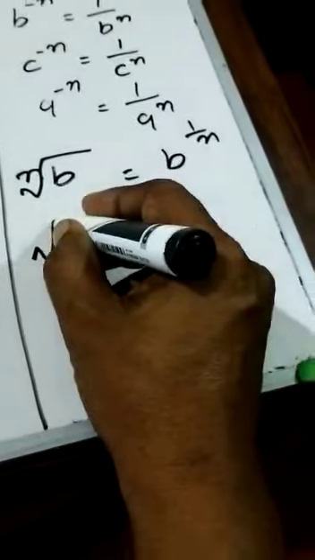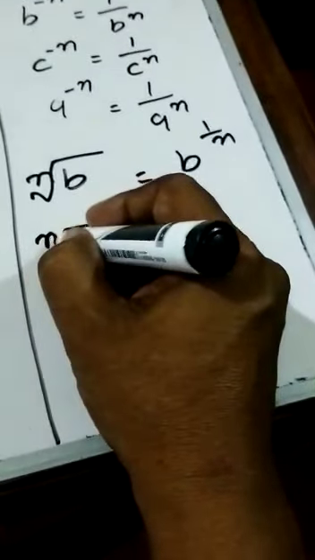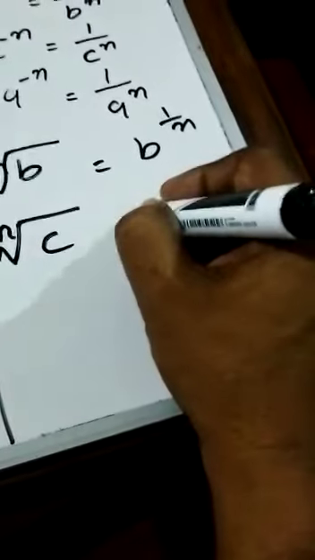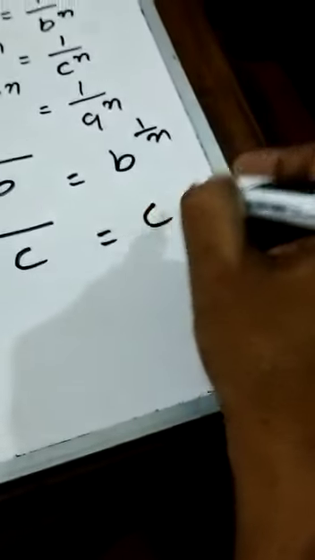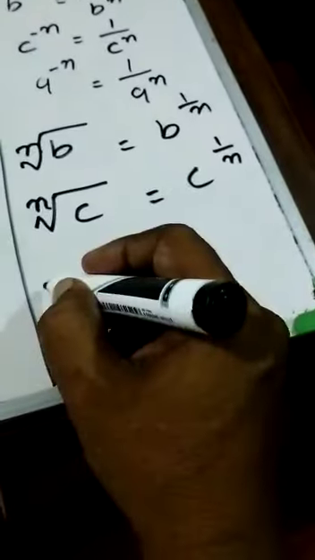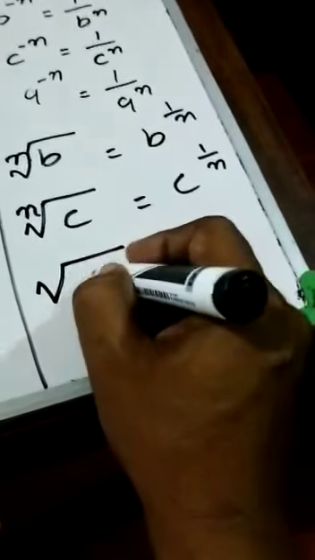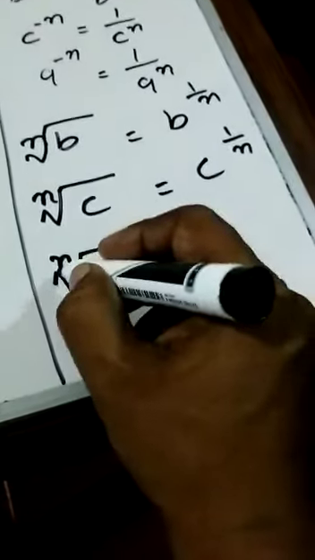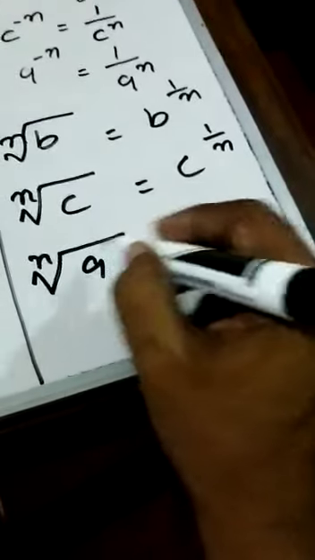If it is the nth root of c, it will become c^(1/n). And if it is the nth root of 9, with the radical sign on 9 with n, it will become 9^(1/n).